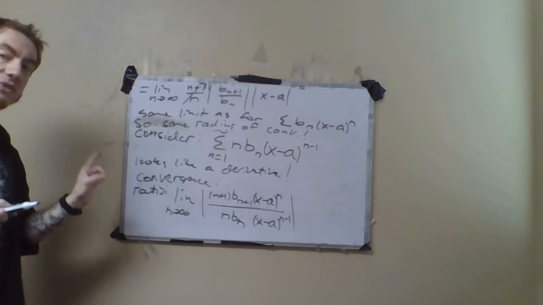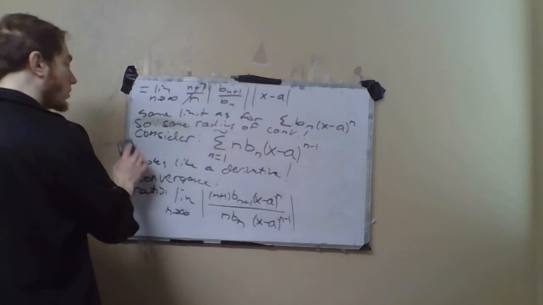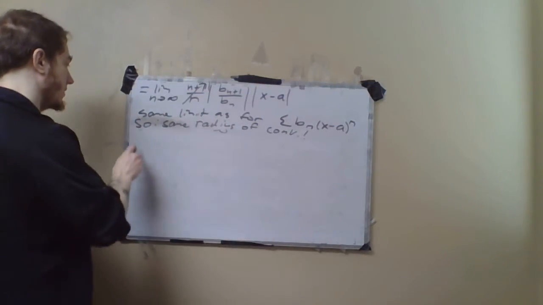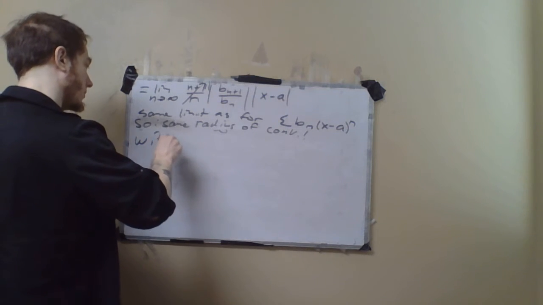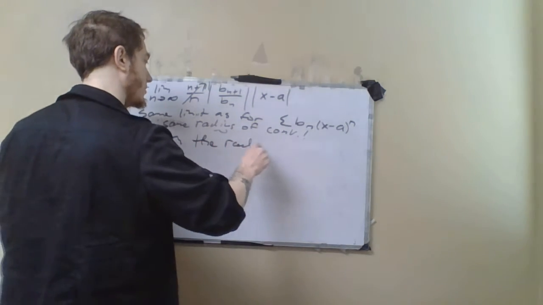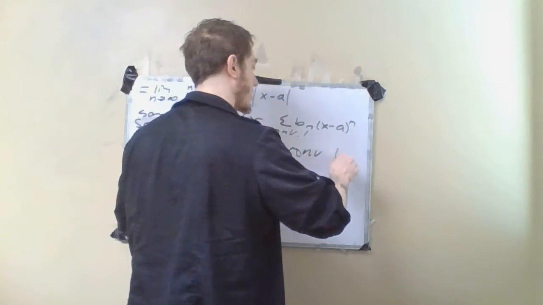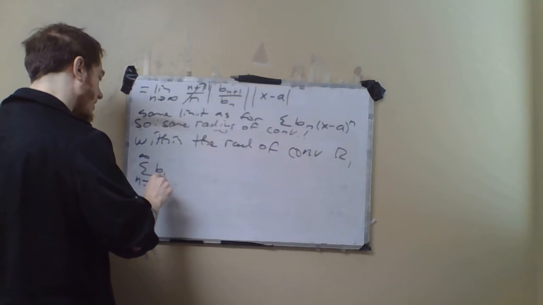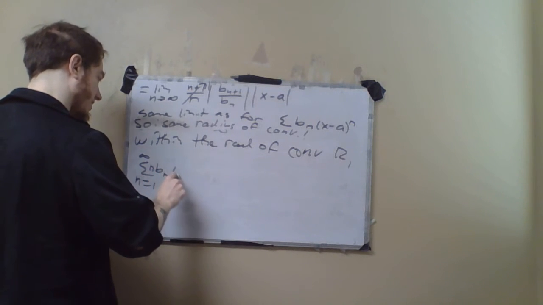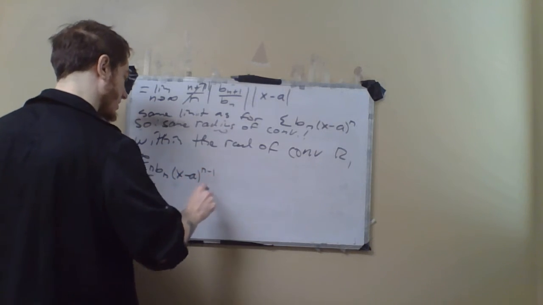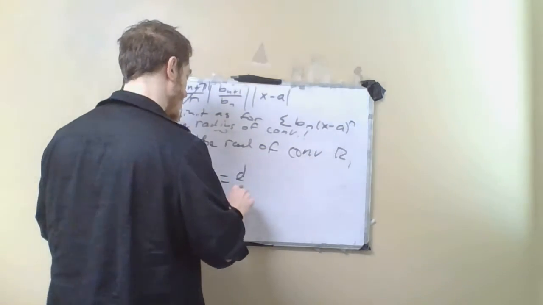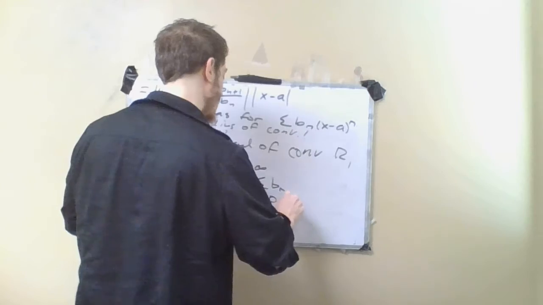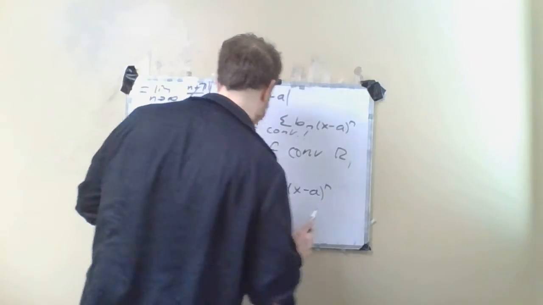I'm not going to prove this last bit to you, but it turns out that within the radius of convergence R, the sum from n equals 1 to infinity of n bn times x minus a to the n minus 1 is the derivative of the sum from n equals 0 to infinity bn x minus a to the n.